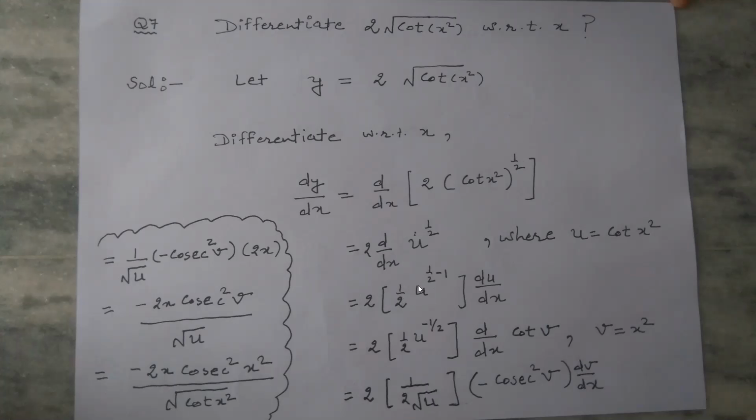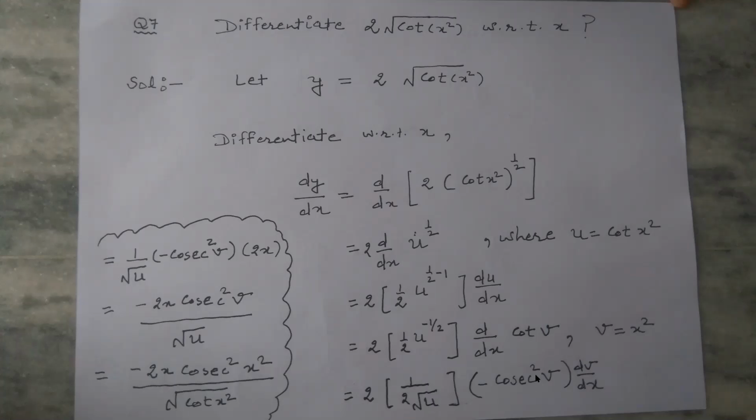So 1 upon 2 u, what is u? u is cotangent of x square. 1 upon 2 minus 1 du by dx. So this is 1 by 2 into 2 u raised to power minus 1 upon 2 du by dx. What is u? Cotangent of x square. We write it as cotangent v, where v is equal to x square. What is the derivative of cotangent v?